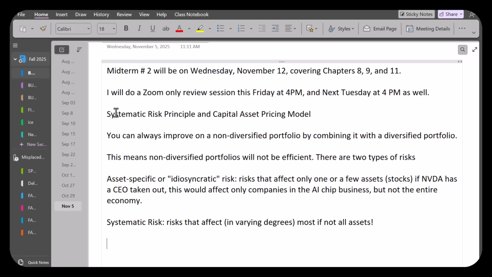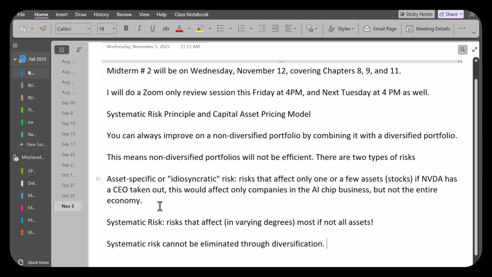One thing about systematic risk: it cannot be eliminated through diversification. On the other hand, asset-specific risks can be either eliminated or reduced to a minimum.